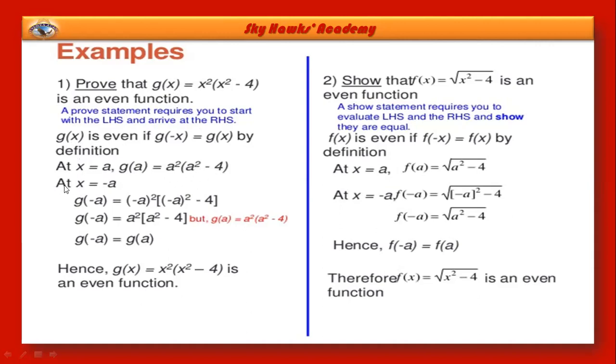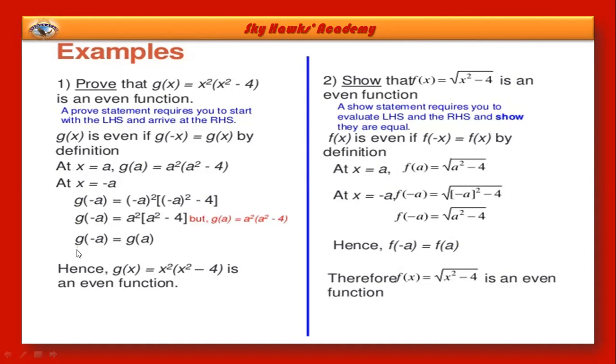At x = −a, g(−a) = (−a)²((−a)² − 4). So g(−a) = a²(a² − 4). But g(a) = a²(a² − 4).